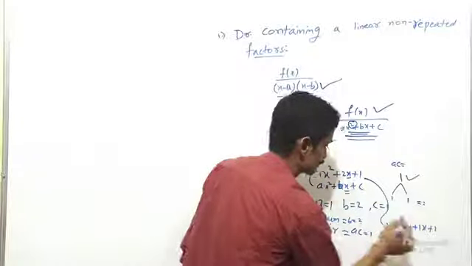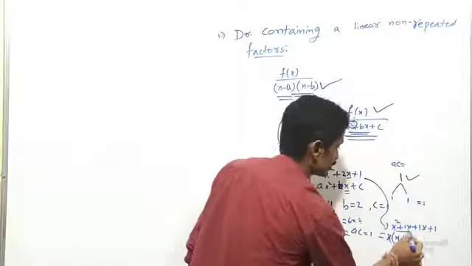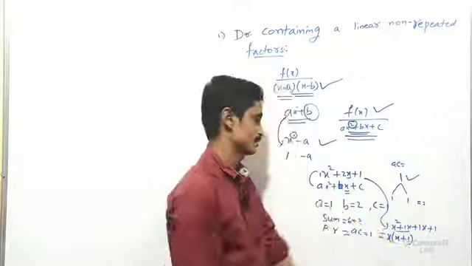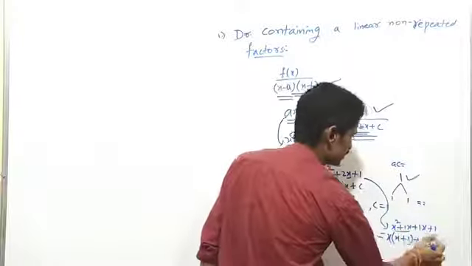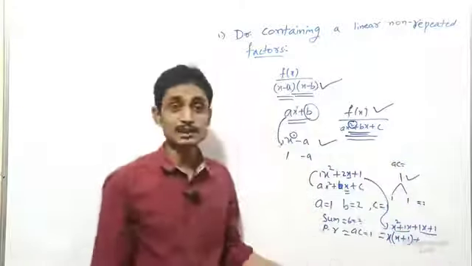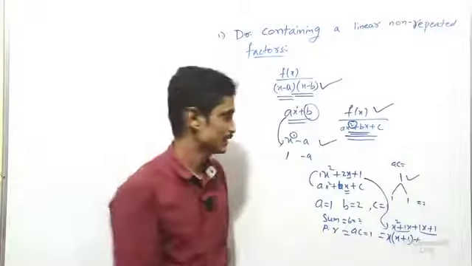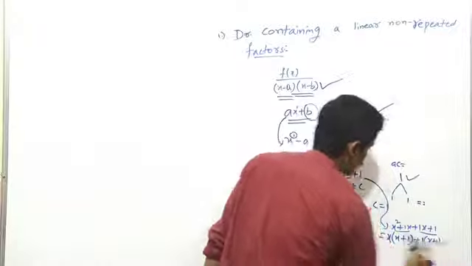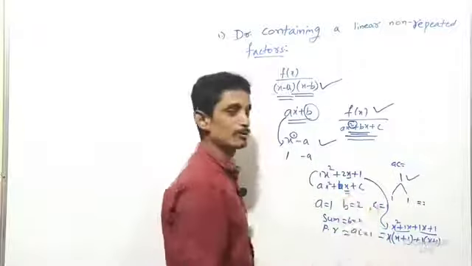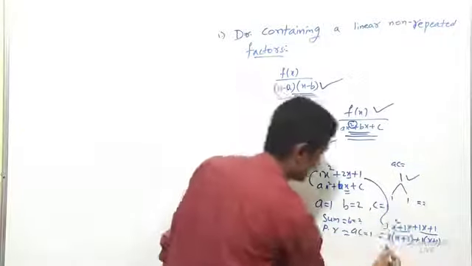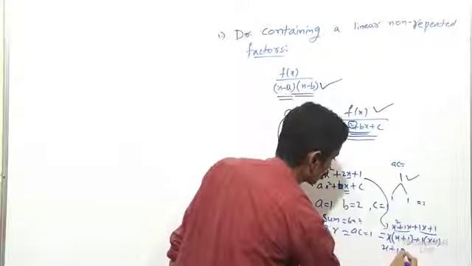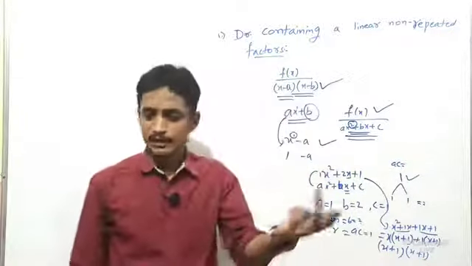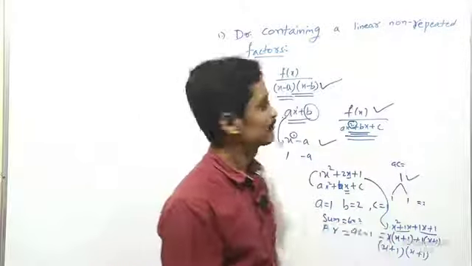One more x, plus 1, because I took x out, that coefficient will be 1. Clear? Now here there is no common term, nothing means 1 will be the common factor. That's why I take 1 out, leaving x plus 1. Once again we get a binomial form, so again take x plus 1 common. Once again x plus 1. In this way or in your own way you can factorize.